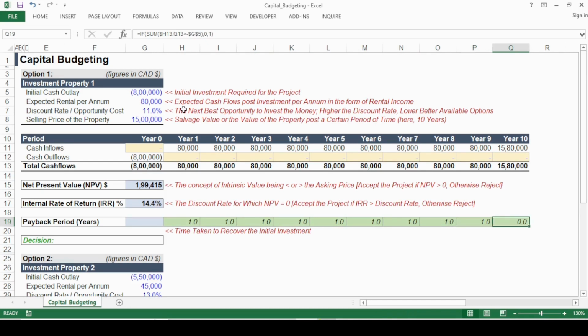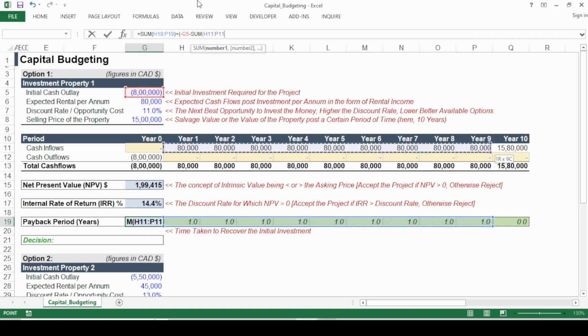So the payback period is going to be, in this case, I will say sum of, I will take the sum till year 9, then I will add plus bracket minus of initial investment minus sum of the cash flows till year 9.